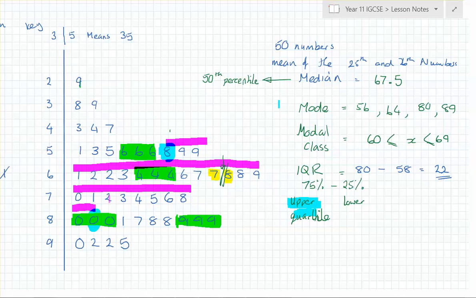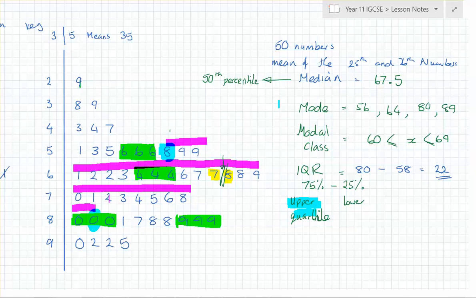But they are extremes, potentially. And how do we get rid of the extremes so they don't affect our results, either positively or negatively? We take the middle 50%. All right? So it's an important thing to look at. That's why we need to be able to state the interquartile range. So that's basically it.